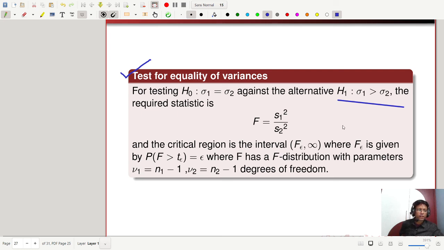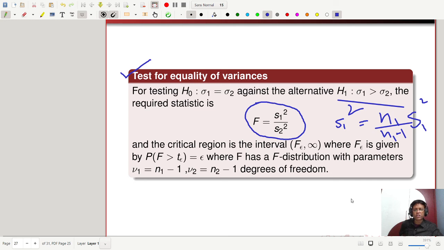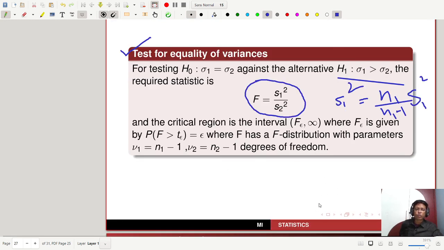And you know that small s1 square is given by n1 by n1 minus 1 times capital S1 square, the sample variance, and S2 square is similarly defined. So this is your test statistic. This follows the F distribution, and you know the critical region for the F distribution also. F epsilon is given by, F has an F distribution with parameters nu1 equal to n1 minus 1 degrees of freedom and nu2 equal to n2 minus 1 degrees of freedom.